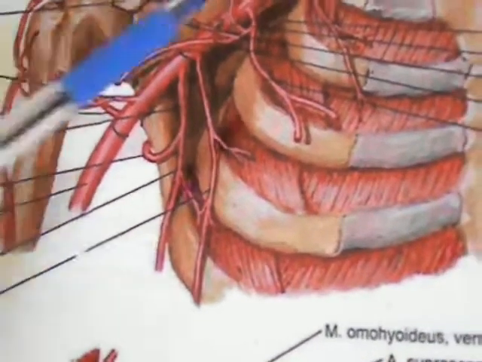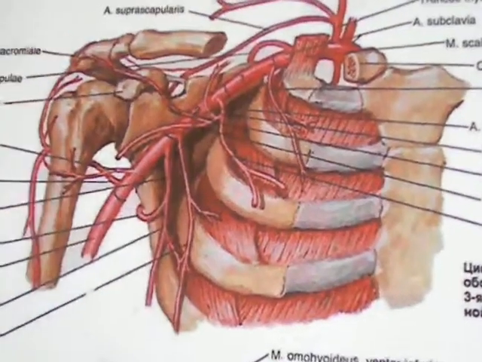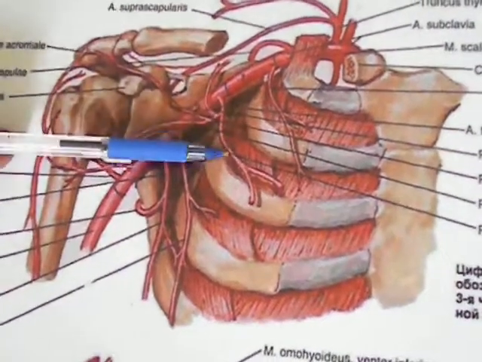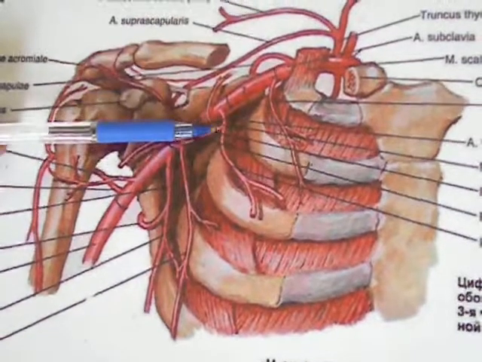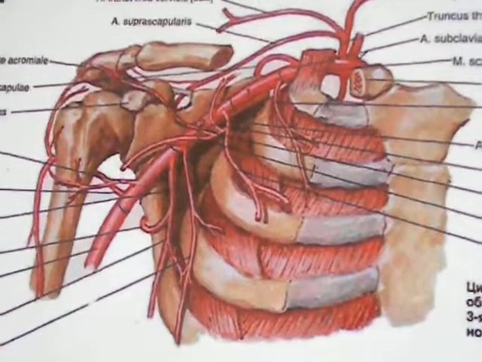You understand? Clavipectoral triangle, two arteries: superior thoracic artery and thoracoacromial artery.